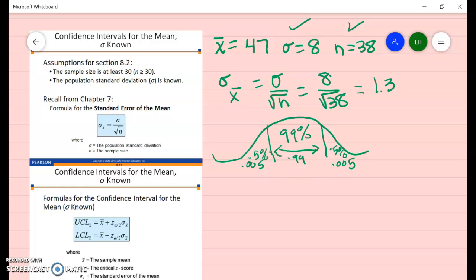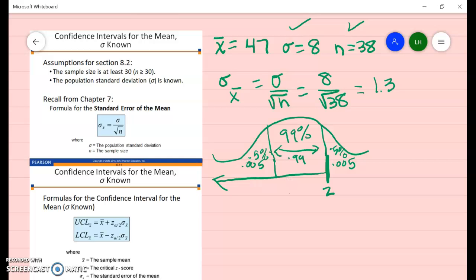So I need to get the z-score. And the way I get the z-score is I count all the way back to here, because I need to know the z-score for here. And once I get that z-score, I can make it negative to figure out this one right here.